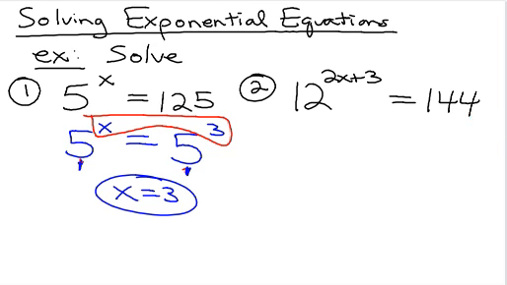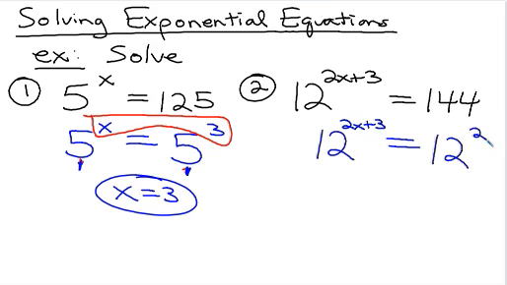Well, I told you our goal is to get this so that I have both sides with the same base. The left side already has it. What's the right side going to become? 12 to what power? To the second power.